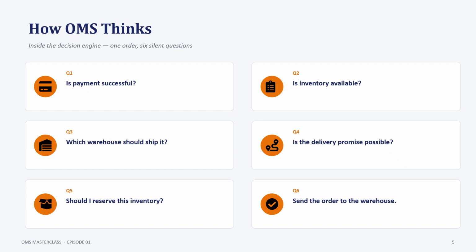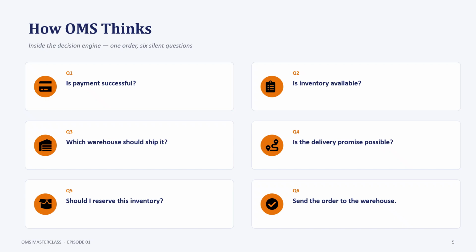The fourth question is, is the promised delivery date possible? The OMS checks whether the order can be delivered within the promised time. The fifth question is, should I reserve this inventory? If everything looks good, the OMS reserves the inventory so that it isn't allocated to another customer.